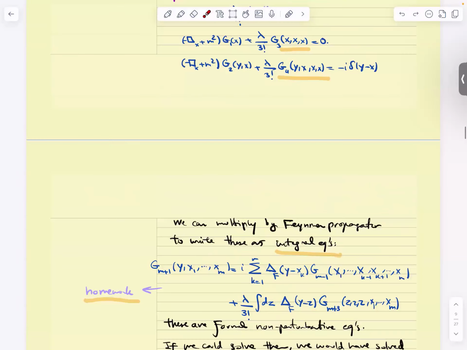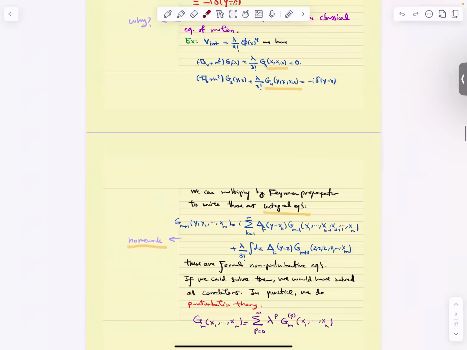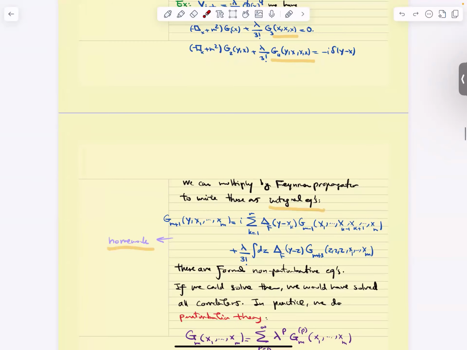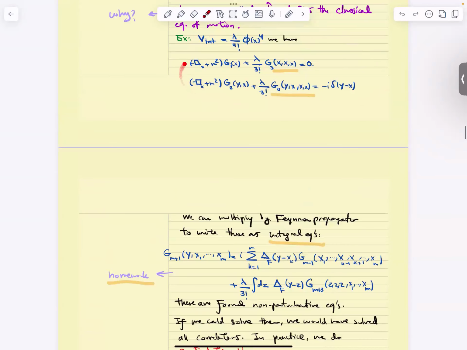You write these as integral equations. How do you do that? Well, the idea is that you multiply this with a Feynman propagator and integrate. That's a homework problem for you guys to see that for lambda phi 4, you could keep repeating this.